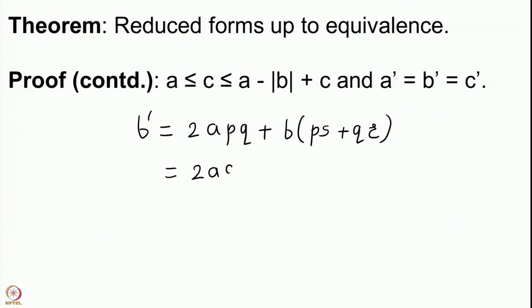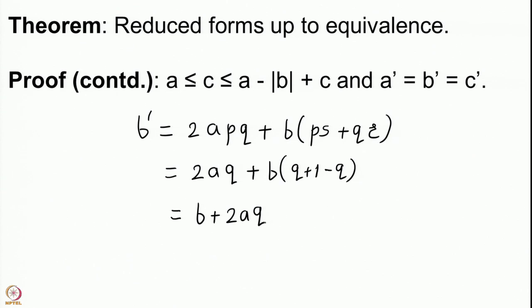So we have this to be 2aq plus P times S. P is 1, S is q plus 1, R is minus 1. So we get it again to be B plus 2aq.